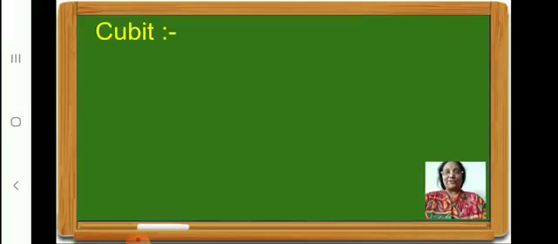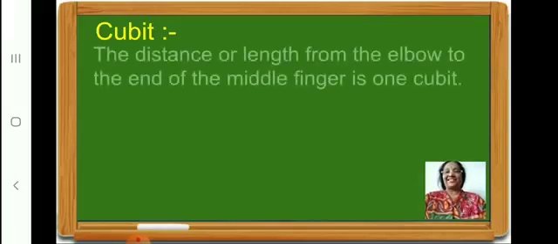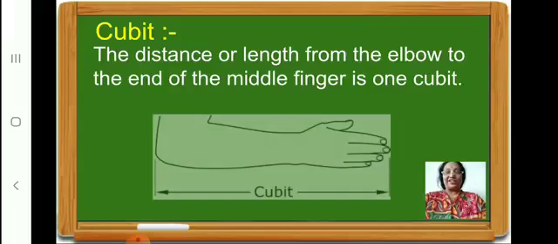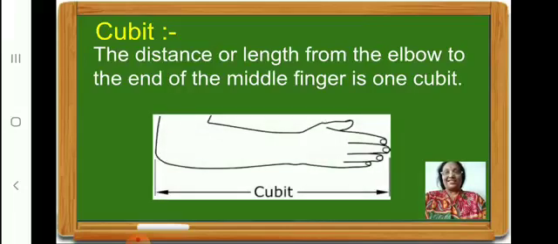Now let us see what is a cubit. The distance or length from the elbow to the end of the middle finger is 1 cubit. See children, in the picture you can see an arrow showing the distance or length from the elbow to the middle finger.